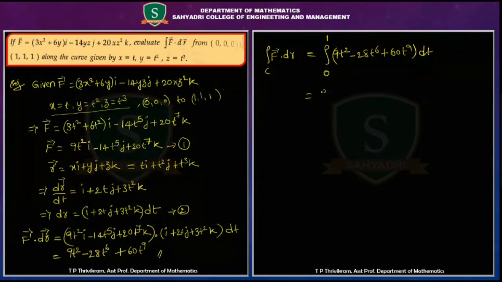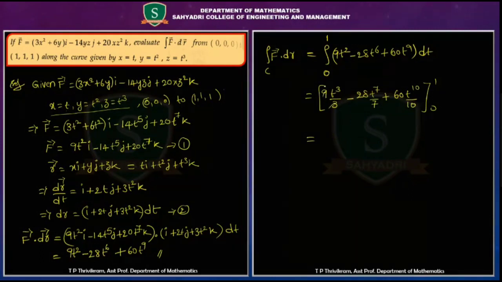So this one is equal to 9t cube by 3 minus 28t power 7 by 7 plus 60t power 10 by 10, where the limits are from 0 to 1. So the 3s get cancelled, 7 ones, 7 fours, 10 ones, 10 sixes. So I'll get 3.